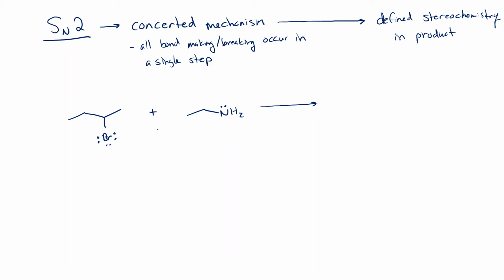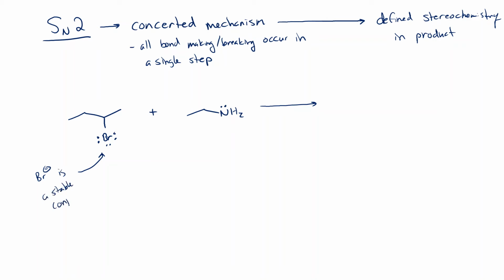And so now we have to decide which of these is going to be our acid and which of these is going to be our base. And how do we decide what makes a good acid or what makes a good base? We look at their conjugates. If we think about the conjugate base of bromine, Br minus is a really nice stable conjugate base.